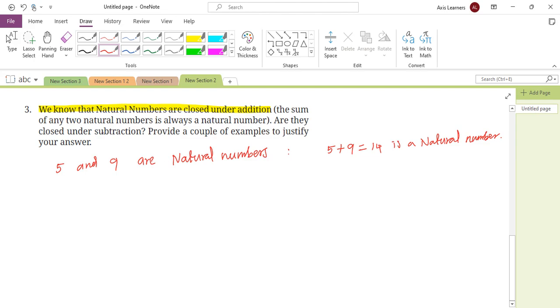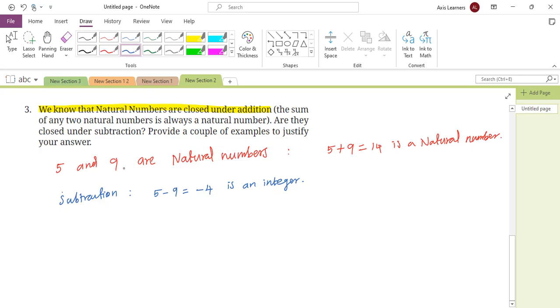Are they closed under subtraction? We will check it. 5 and 9 are natural numbers, right? For subtraction, 5 minus 9 equals what? 5 minus 9 is equal to minus 4, which is an integer, not a natural number.